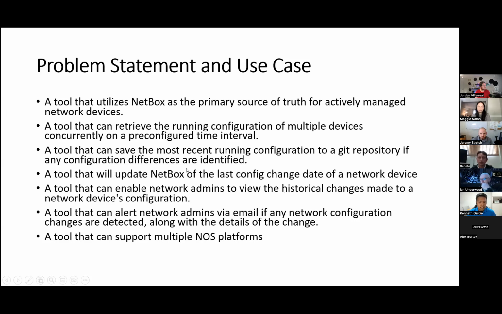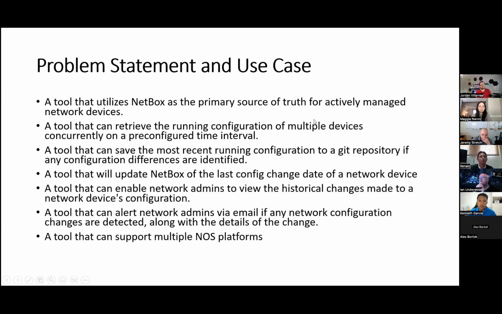And next, I want the capability of alerting us via email for any network configuration change, along with the details of the change. And lastly, I want it to be able to support multiple network operating systems. So this would be my problem statement and use case.